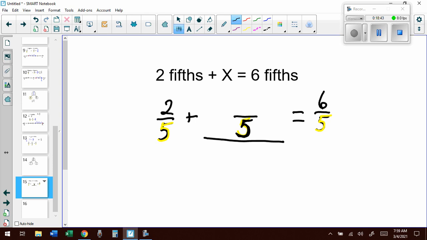Now we just need to ask ourselves, 2 plus what equals 6? 2 plus 4. So x equals 4/5.